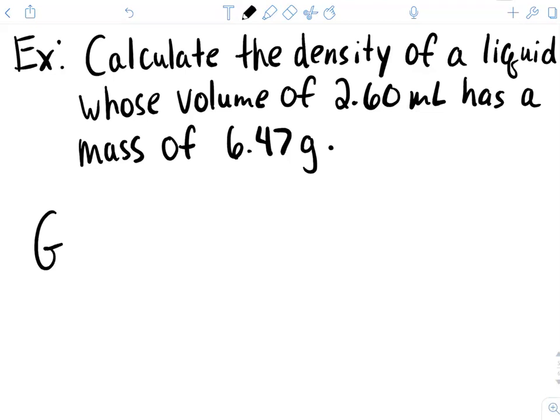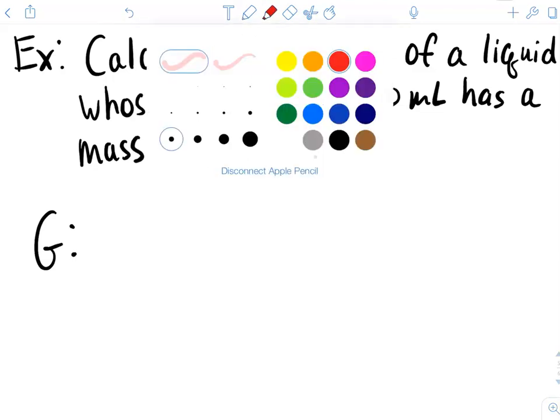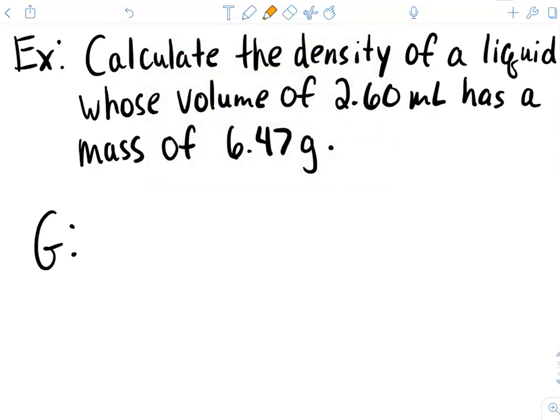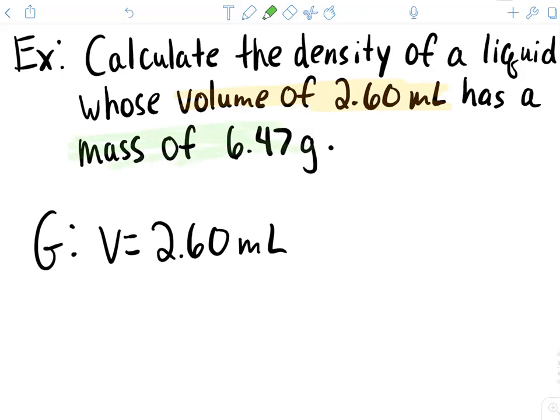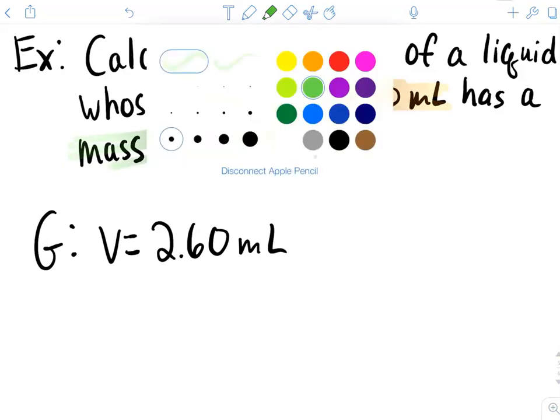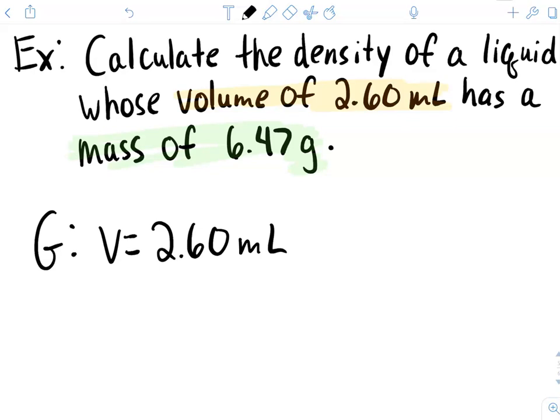So the first thing that we need to do is figure out what exactly we are given in this problem. The first thing that I see is this volume of 2.60 milliliters. So that means my V equals 2.60 milliliters. And then we have a mass of 6.47 grams, so M equals 6.47 grams.